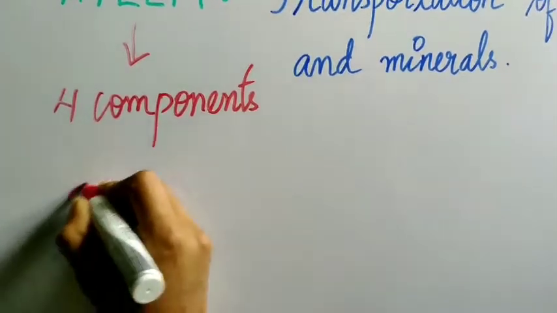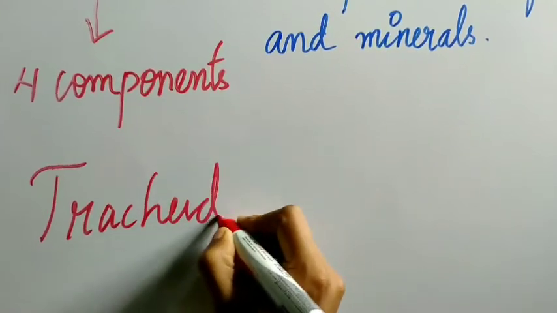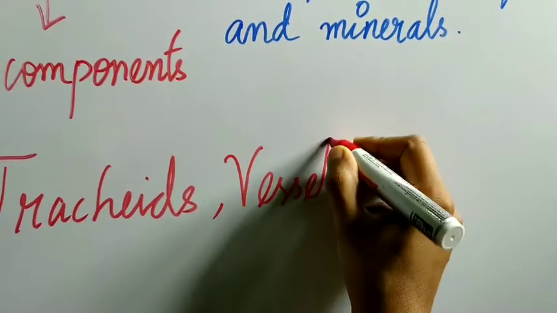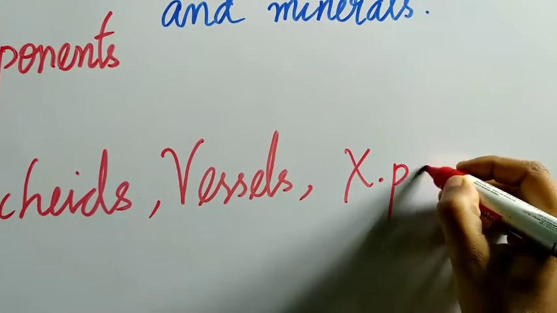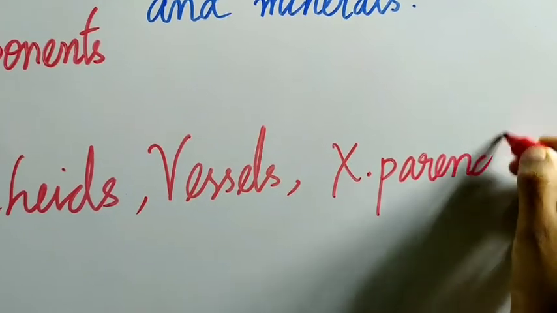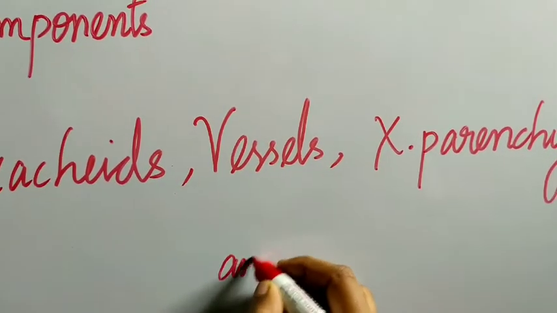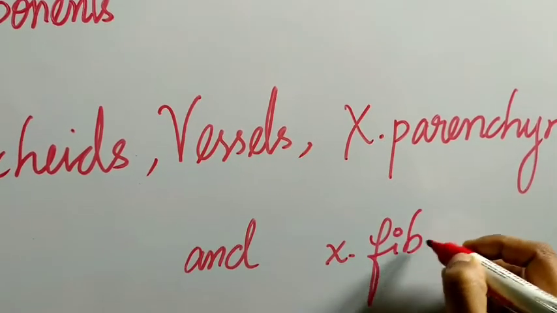They are tracheids, vessels, xylem parenchyma, and xylem fibers.